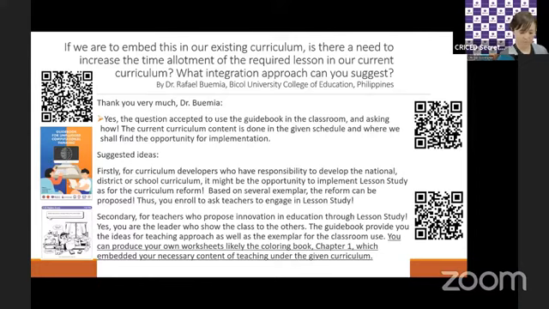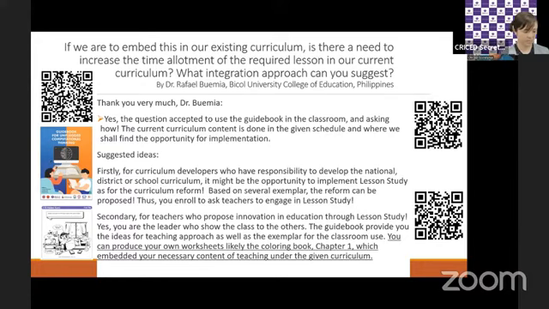Thank you very much, Dr. Buemia. The question accepts using the guidebook in the classroom, and asks how. The current curriculum content is done in the given schedule, and where shall we find the opportunity for implementation? That is the first part of the question.